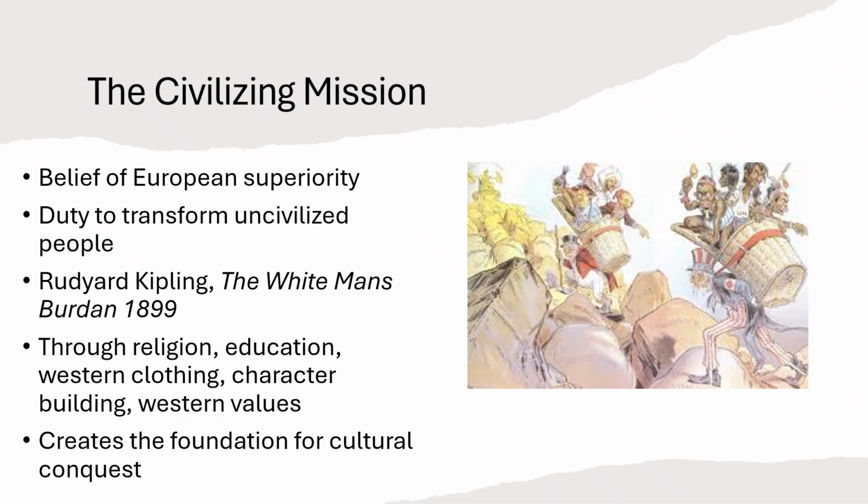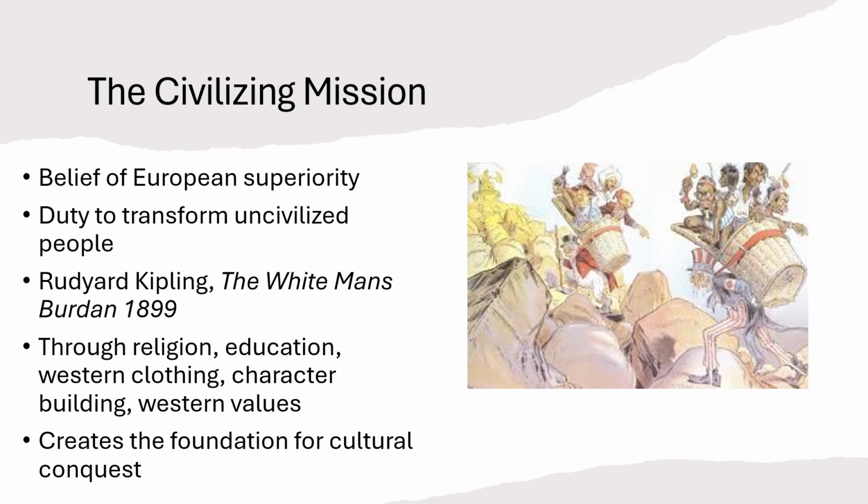Eventually, this social Darwinist theory will move into more of a eugenics movement where people are talking about superiority based on genetics, right? And trying to look for physical indicating factors that prove superiority. It's a real pseudoscience that emerges, but it comes out of this belief of superiority of European people and people from the United States.